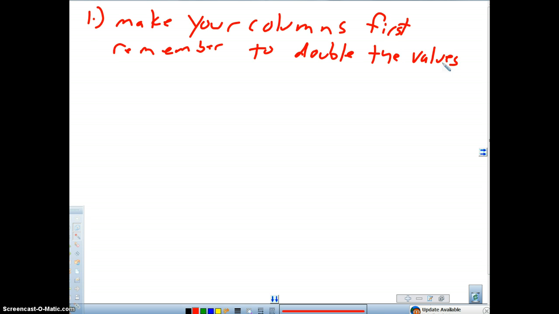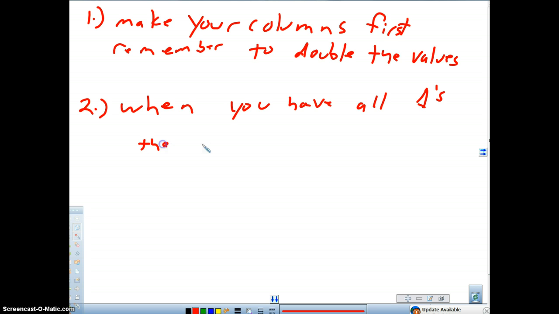One: remember to double them as you're making the columns. Two: what do you think the second rule is? When you have all ones, the next number needs a new column.